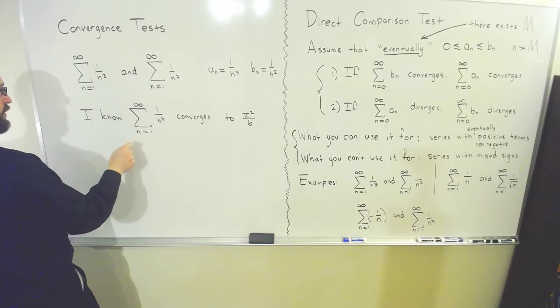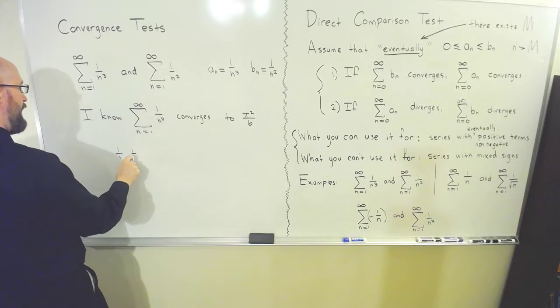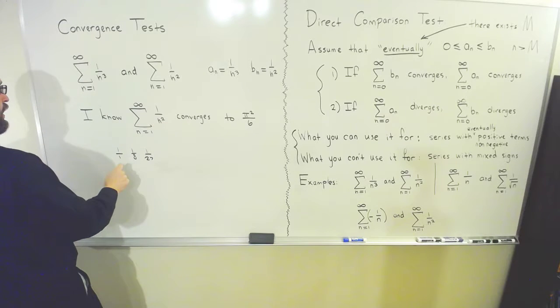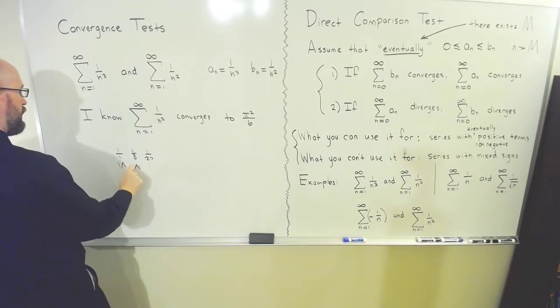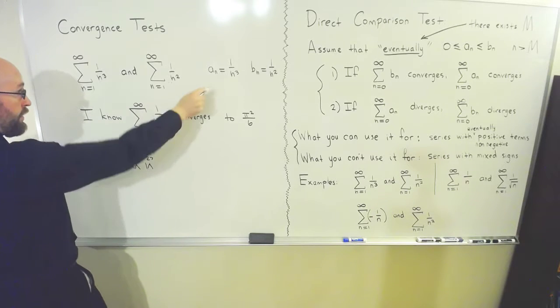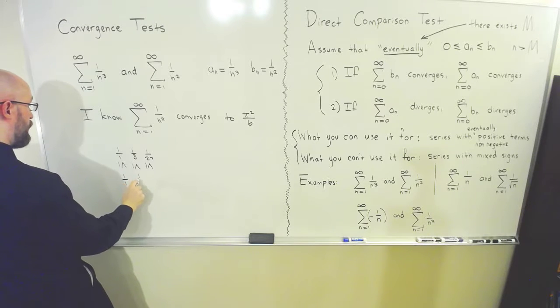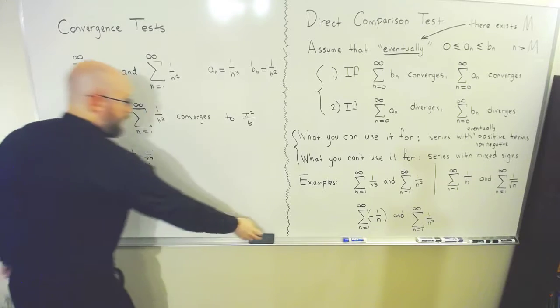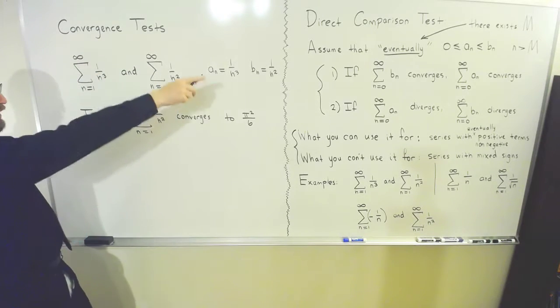The an terms are going 1 over 1, 1 over 8, 1 over 27, and so on. And so these are all going to be smaller or equal than the b terms, which is 1 over 1, 1 over 4, 1 over 9, and so on. So that satisfies the hypotheses, and so we can compare these series.